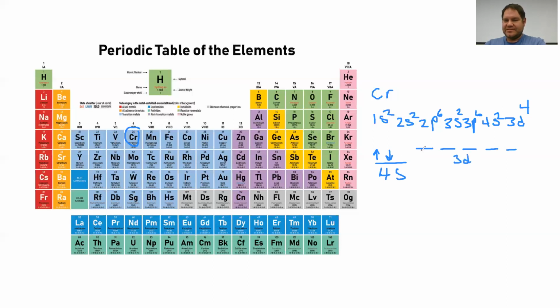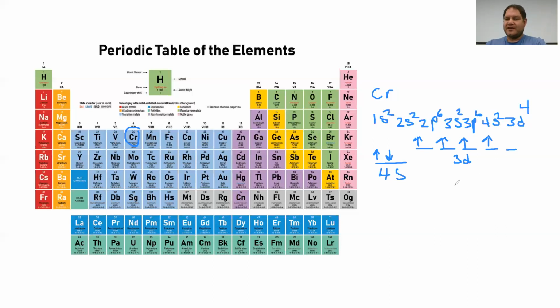All right, and so you would think you would have electrons that look like this. All right, so this would be the orbital diagram for chromium and those last electrons. Okay, this is the way you would think, because we have said that in most cases the 4s is lower in energy than the 3d.